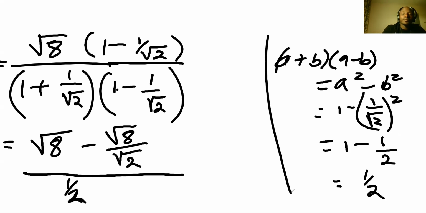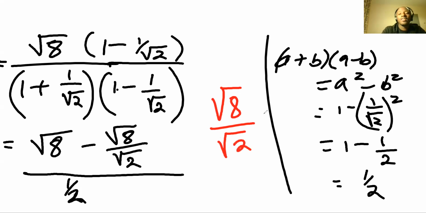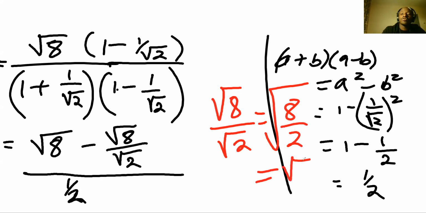Something else you should note here is root 8 over root 2 is just the same as the square root of 8 over 2, which is the square root of 4, and that is 2. So you can write this equation, so it will be root 8 minus 2 over a half.